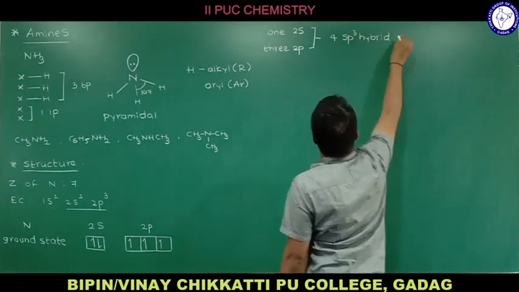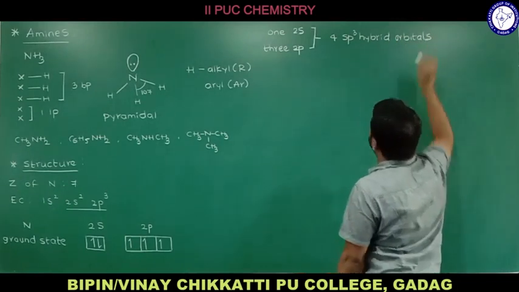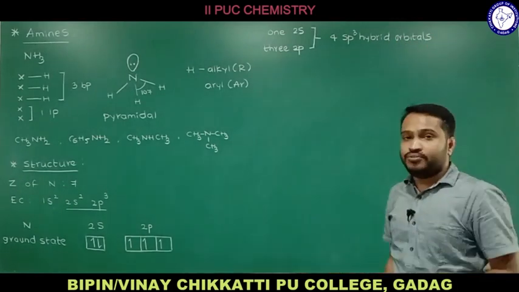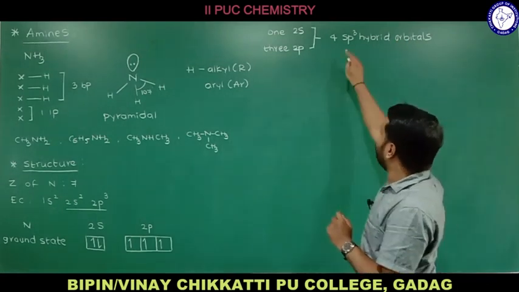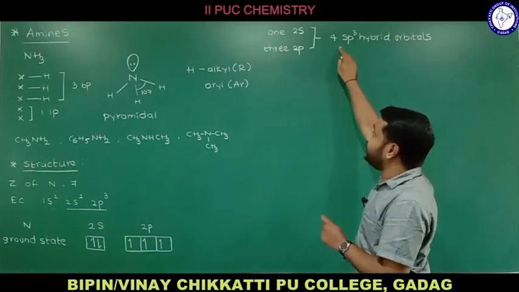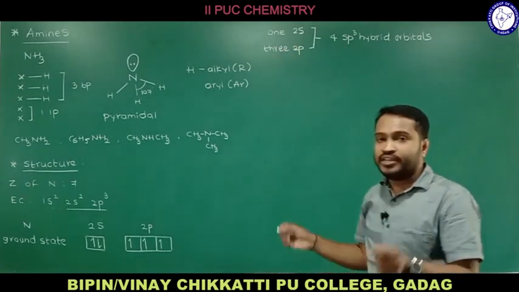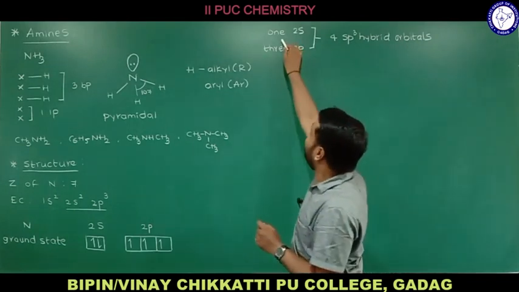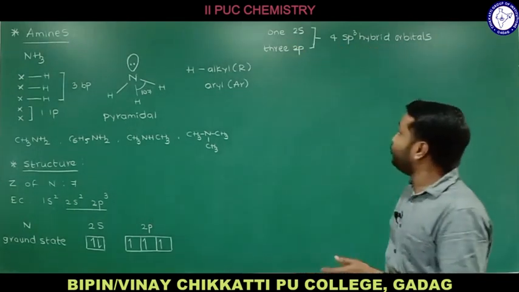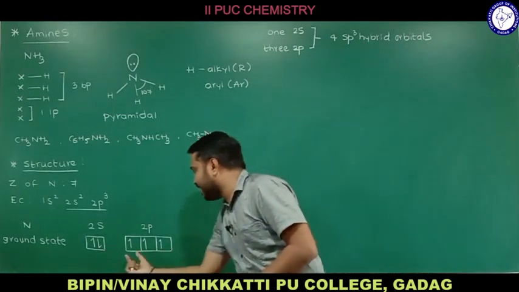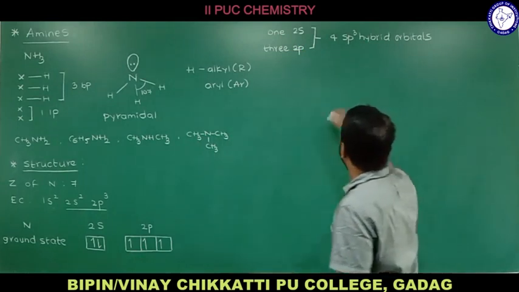As we know, according to VSEPR theory and hybridization, the number of hybrid orbitals we get should be equal to the number of atomic orbitals involved in intermixing. So if we have 1 2s and 3 2p, therefore 1 plus 3 is 4, so we get 4 sp3 hybrid orbitals.